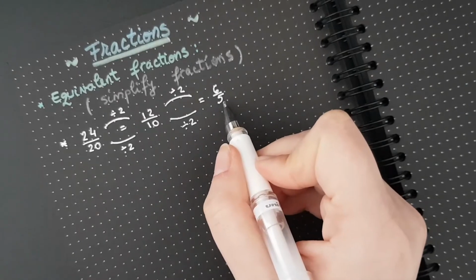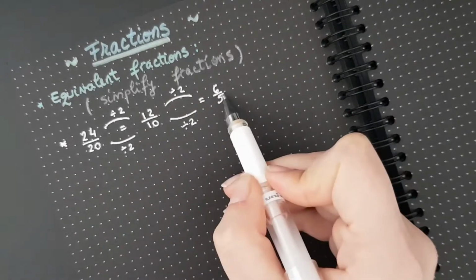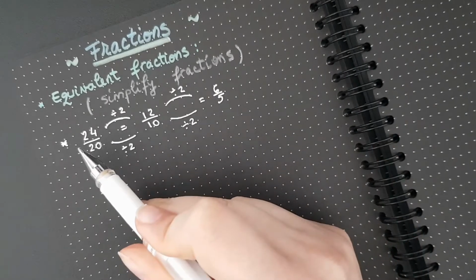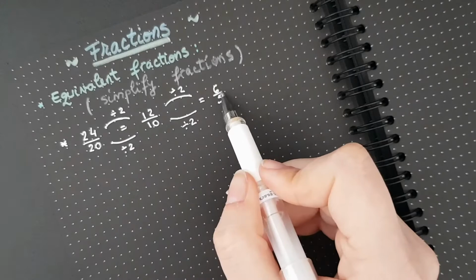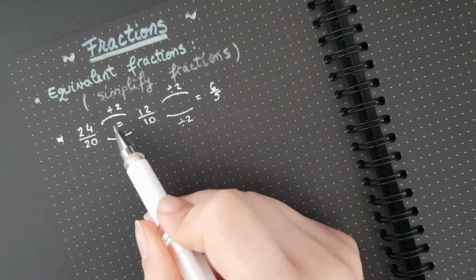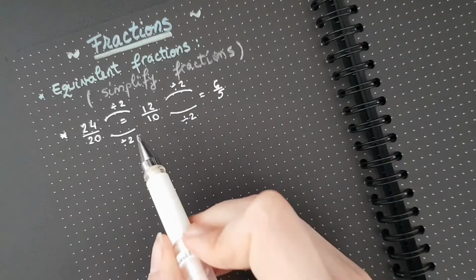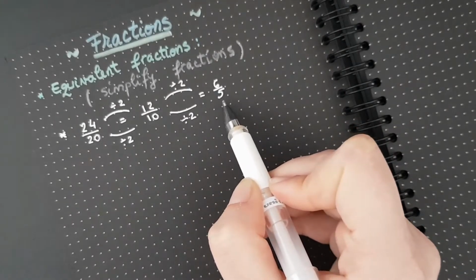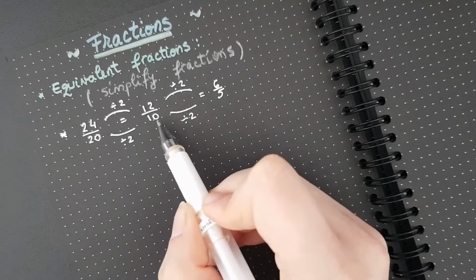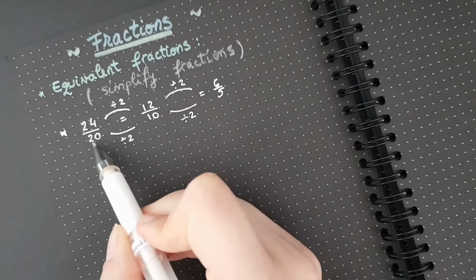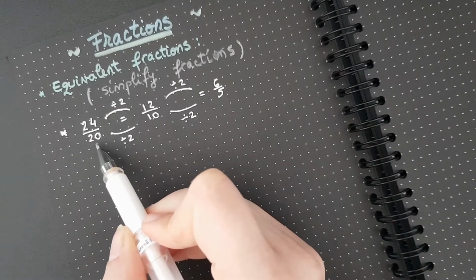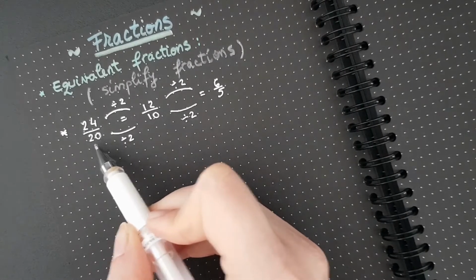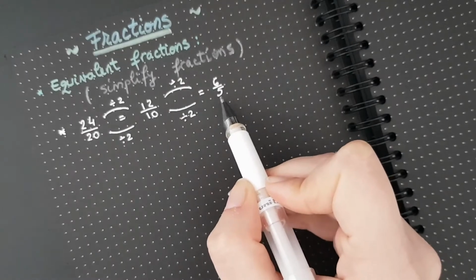That's me done. So you've got this, and this. They're all equivalent fractions. If we put them on the calculator, they will give me exactly the same thing. Now, obviously, we like to use smaller numbers. So most of the time, you're asked to simplify your fraction as much as possible, because working with 24 over 20 is a bit more time consuming and it's a bit more extra work than just 6 and 5.